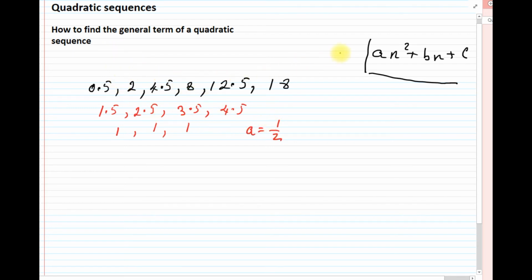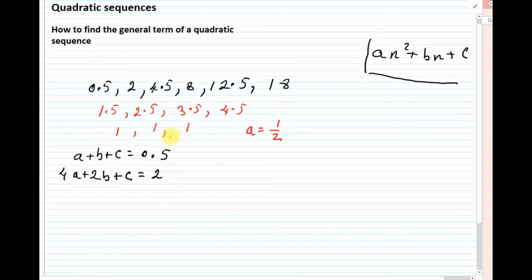So the way I would do it, just as we did it in the earlier part of this video, for n equals 1, I have A plus B plus C is equal to 0.5. For n equals 2, I have 4A plus 2B plus C, which is equal to 2.